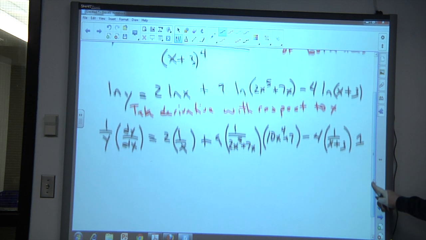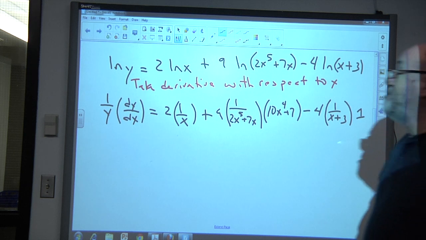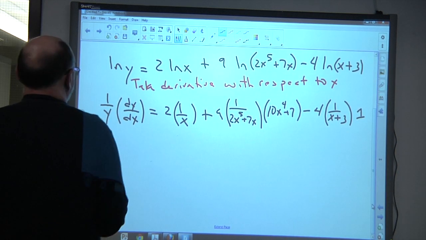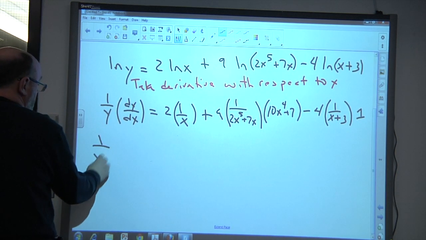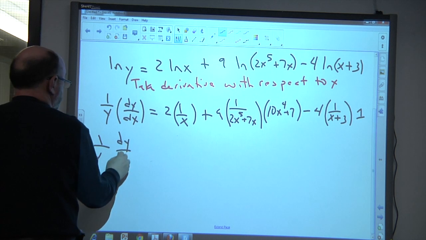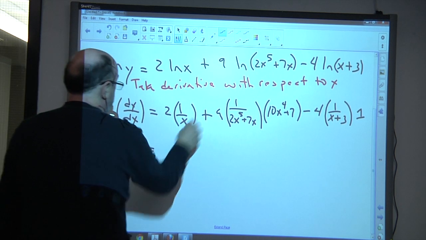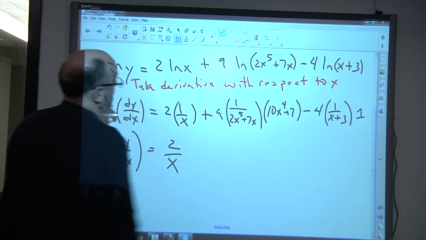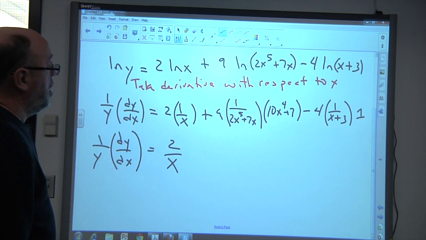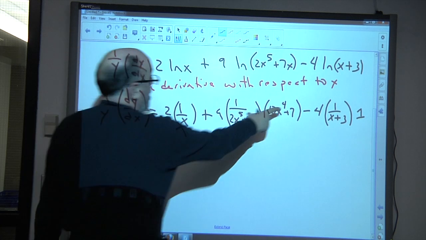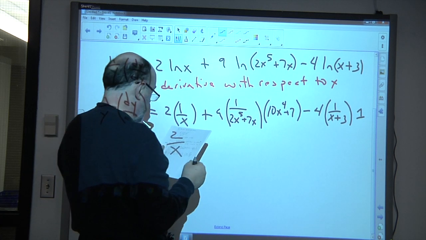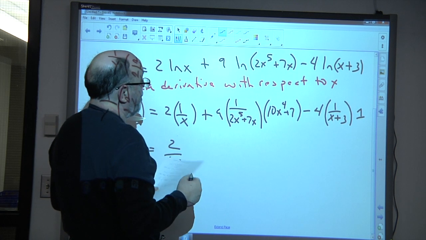Okay. So now let's go through and do a little simplifying here. So we get 1 over y dy dx. This will be 2 over x. Combine that a little bit. We can combine this stuff up together if we want.